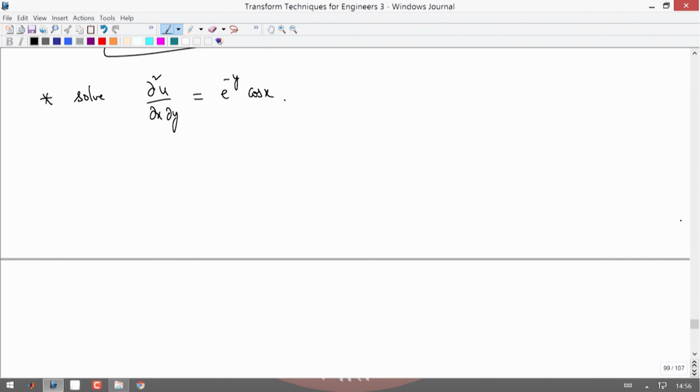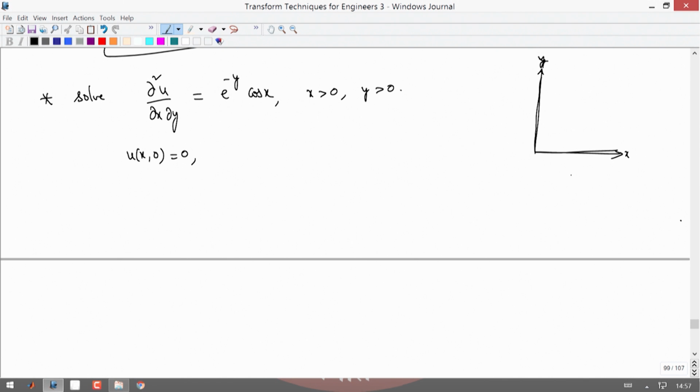By default, you can think of x positive and y positive, so that you can apply the Laplace transform. The conditions are: u at x = 0 is 0. Look at the domain: this is x, y, and x = 0 is this line, and y = 0 is this line.